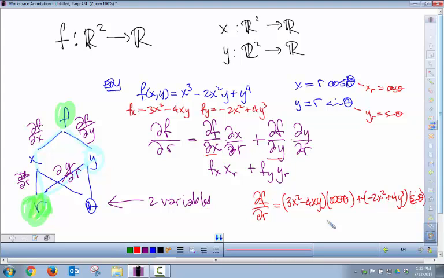If you were going to plug in a particular value, the r and theta would be given, and then you can find out x and y, and plug that into x and y here, instead of dealing with all these functions as functions. So you could similarly find the partial of f with respect to theta by doing the same thing, but we're not going to do that.